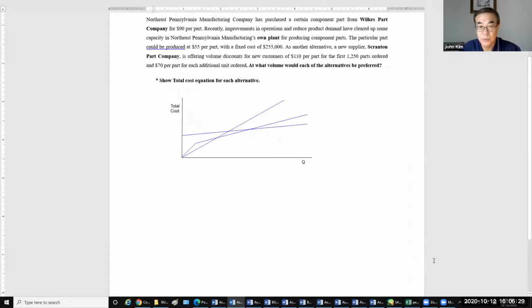Question number 2, that is from assignment 2. This problem is finding break-even point, such crossing point here and here.